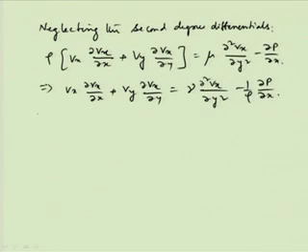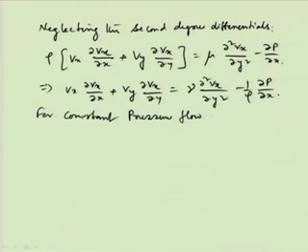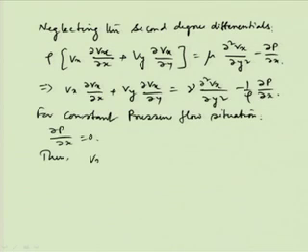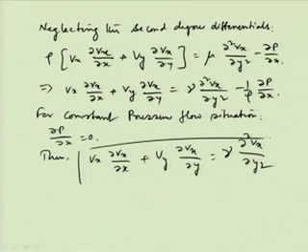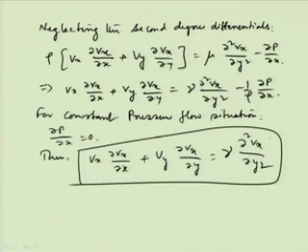Now, for the constant pressure flow situation, del P by del x equal to 0, then Vx del Vx by del x plus Vy del Vx by del y is equal to nu into del square Vx by del y square. So, this becomes the governing equation.